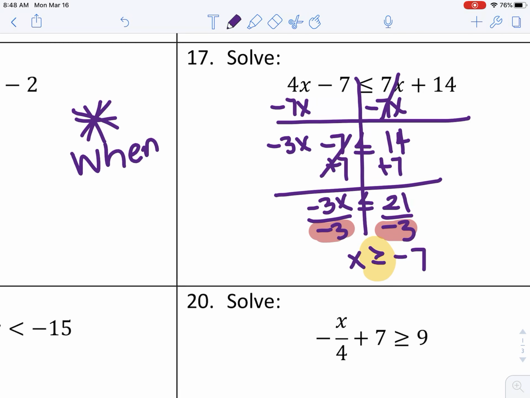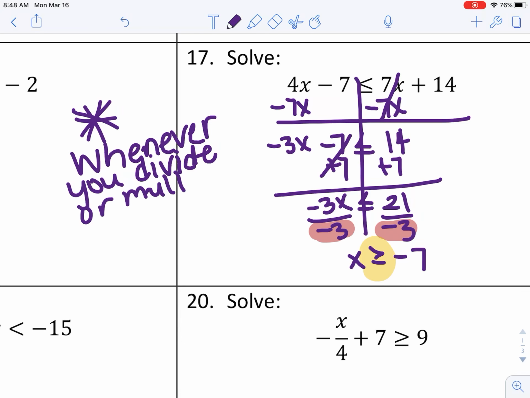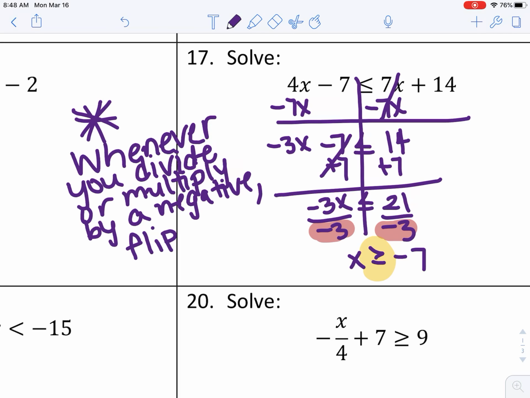Whenever you divide or multiply by a negative, flip the sign.